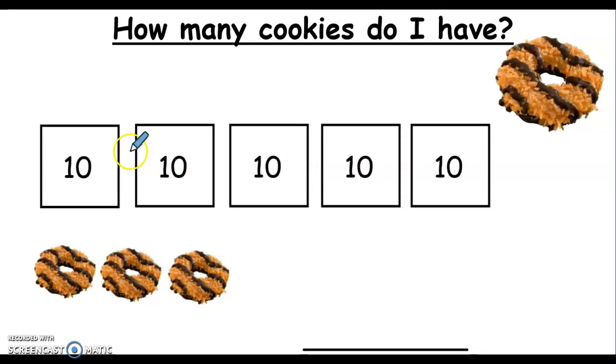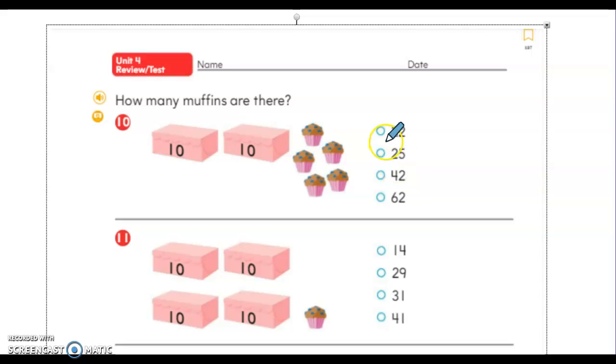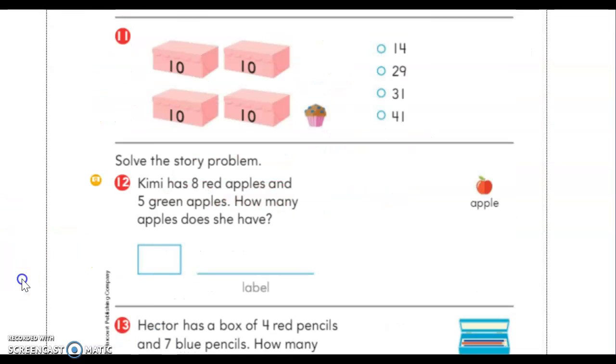And there's 10 in each box. So we'd say 10, 20, 30, 40, 50, 51, 52, 53. Okay. So that's how you're going to do these ones. And then you just fill in the bubble next to the number that is correct.